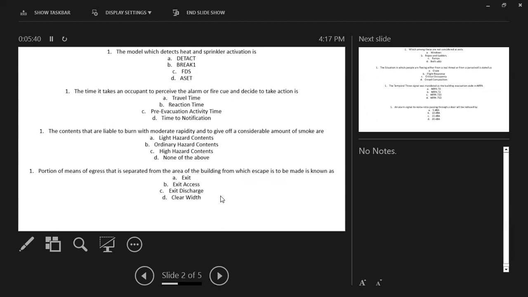Okay, next question. The time it takes an occupant to perceive the alarm or fire cue and decide to take action is?